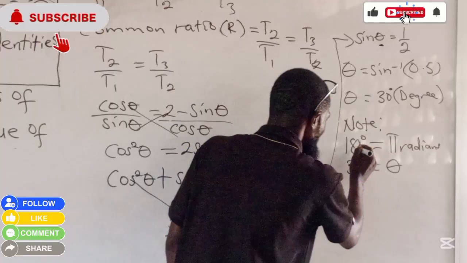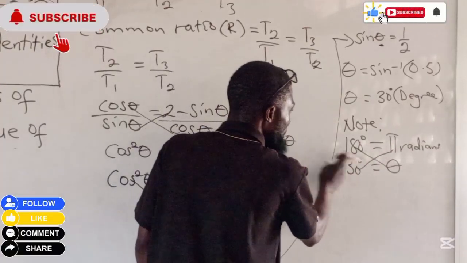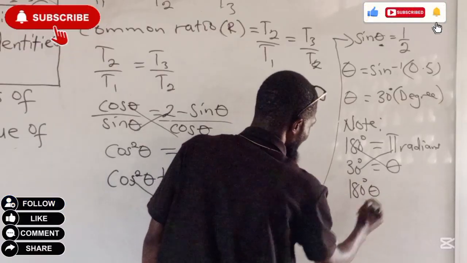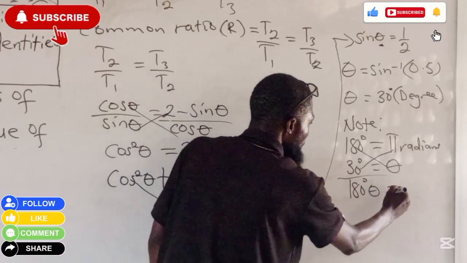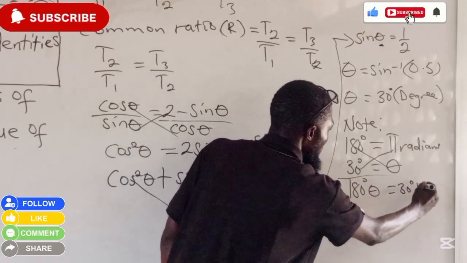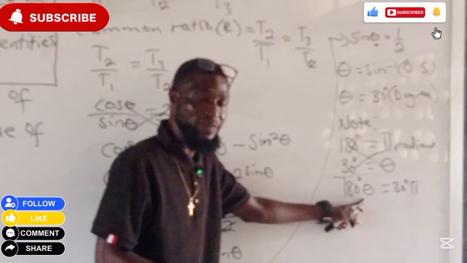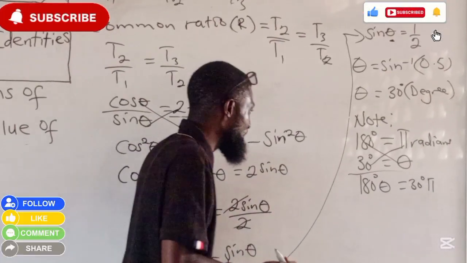Ladies and gentlemen, we cross multiply. 180 degrees times theta, we have 180 degrees theta. Automatically, 30 degrees times pi will just be equal to 30 degrees pi. We want to make theta the subject, so we divide both sides by 180 degrees just to have our answer.